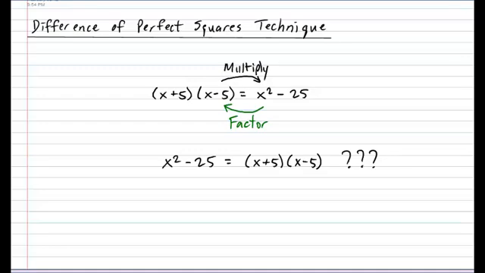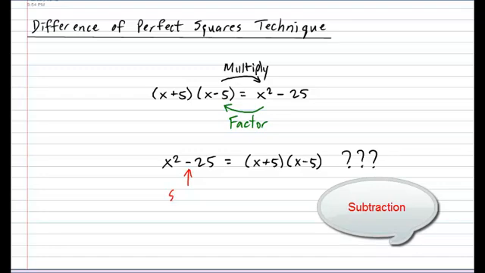This is in fact a very special binomial, and the subtitle says it all. This binomial is known as a difference of perfect squares. Why? Well, the first word, difference, is your biggest clue.